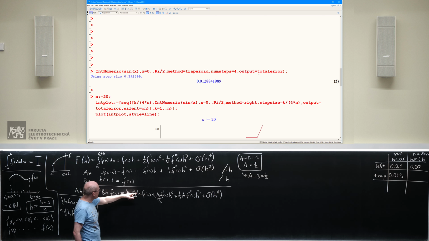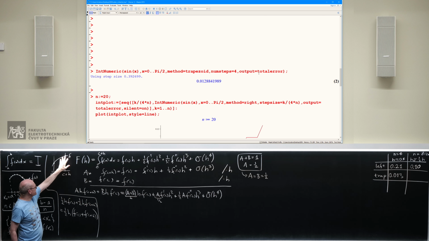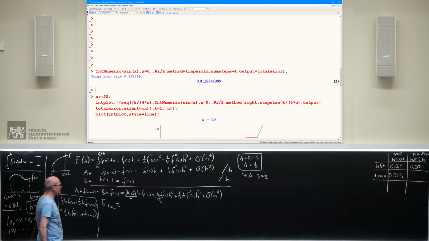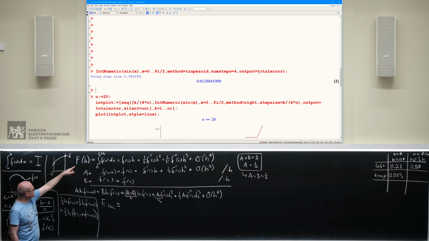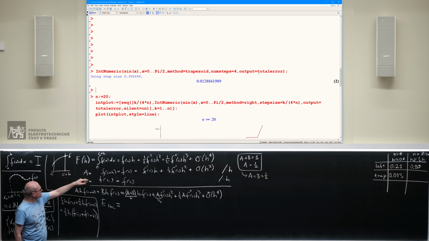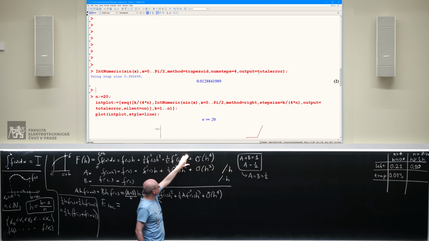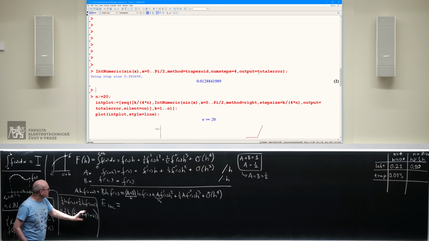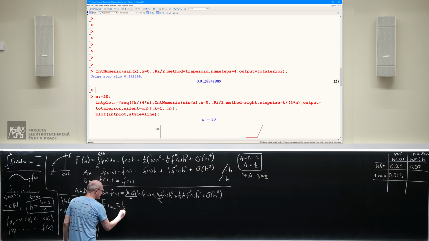Okay, now we know what we want to use for approximation, and let's find the error, so the local error. The local error, of course, is the actual integral minus the approximation. So the actual integral we can see over here, and the approximation we can see over here. So let me just mark it in some symbolic way.